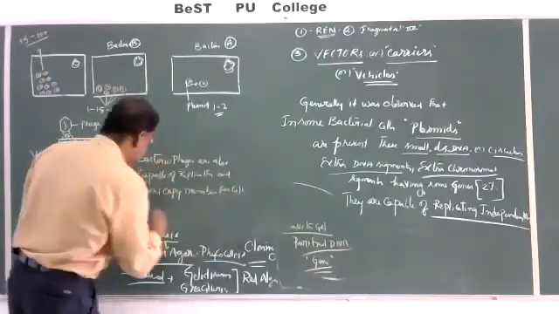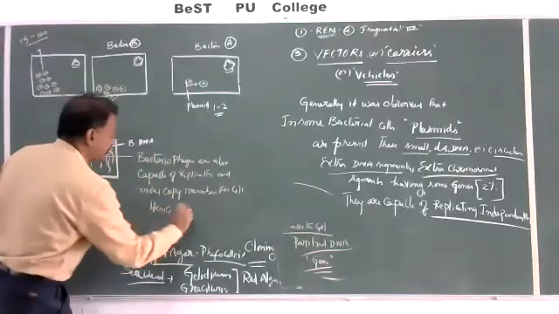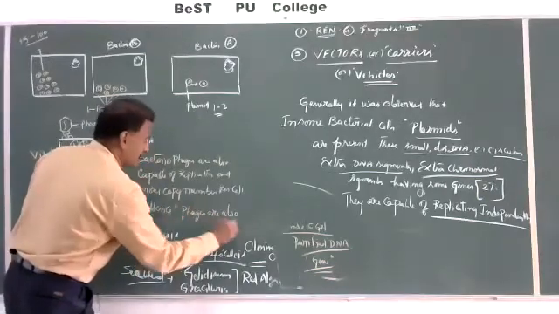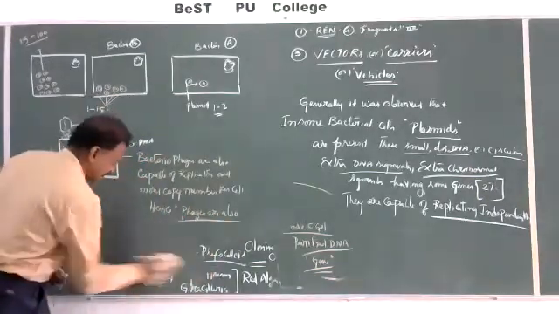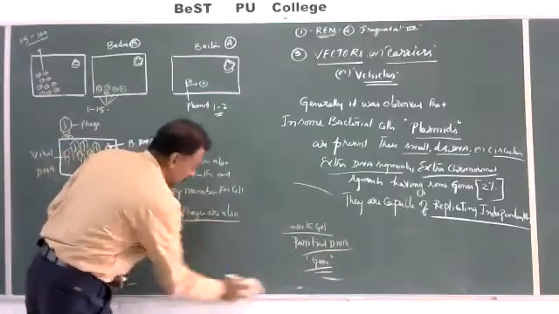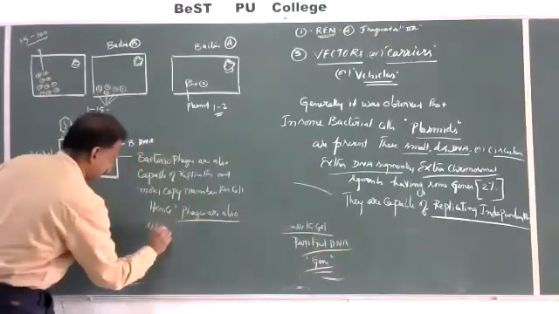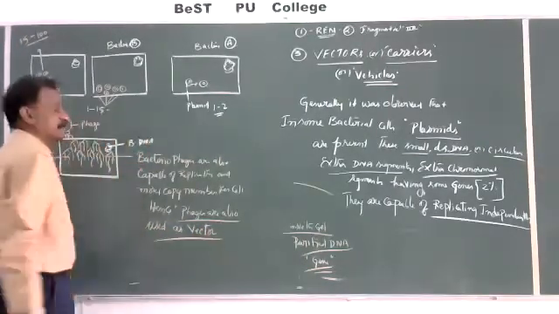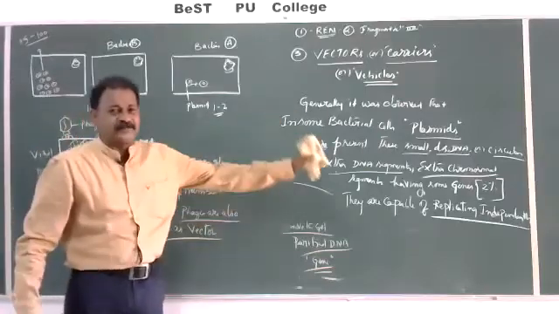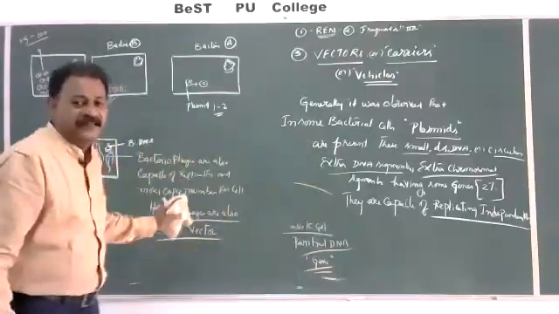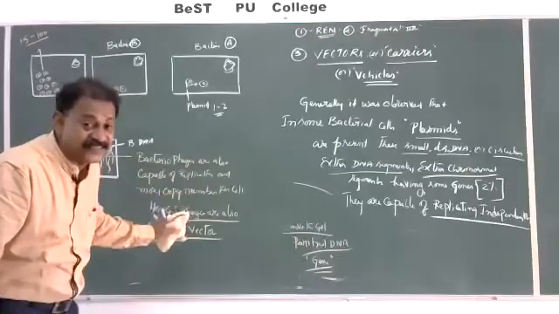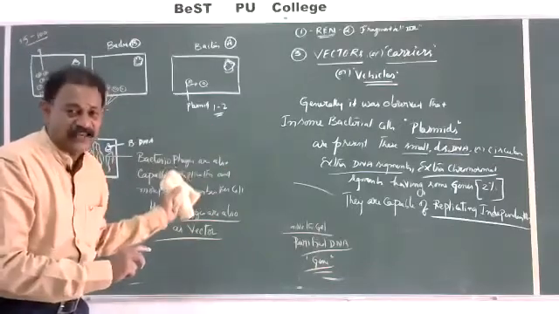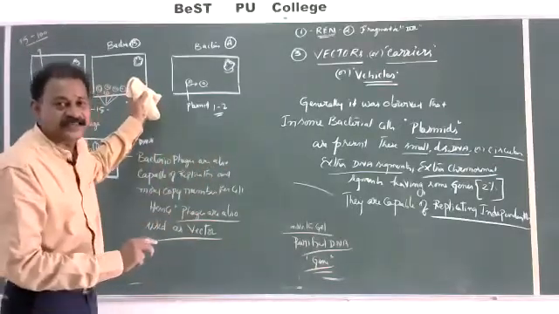Hence, phages are also used as vectors. So just now we have seen plasmids are used as vectors and bacteriophages are also used as vectors. Here the concept is both are capable of replication, multiplying in the host organism.